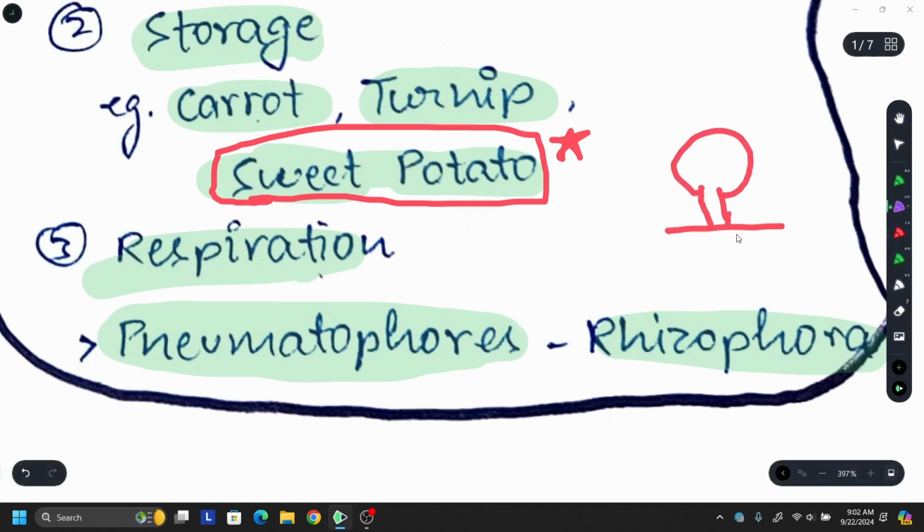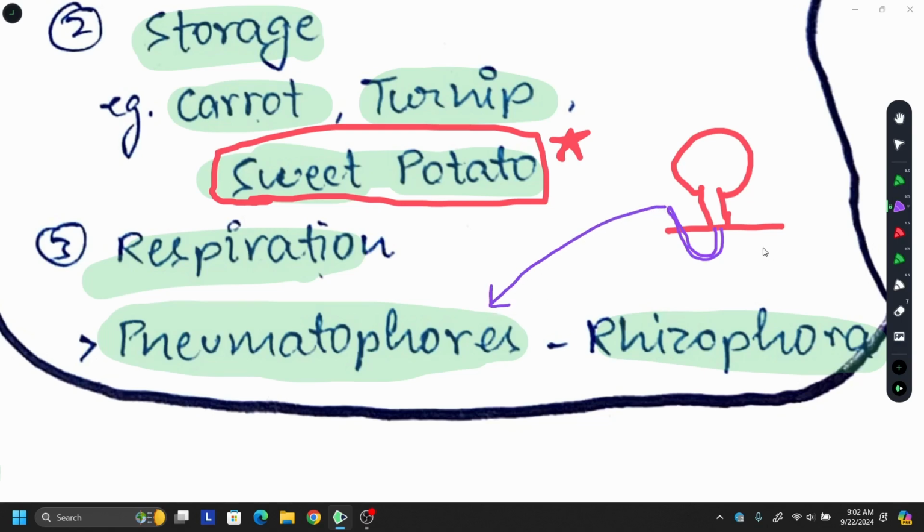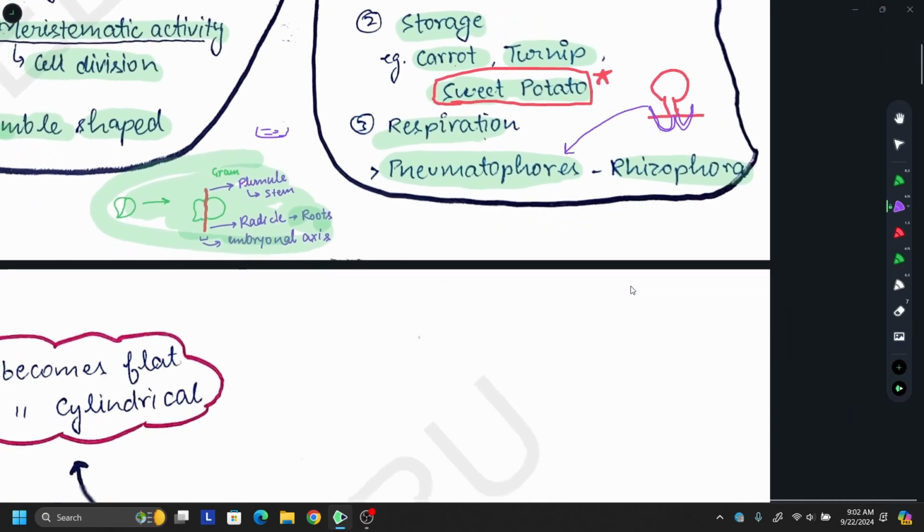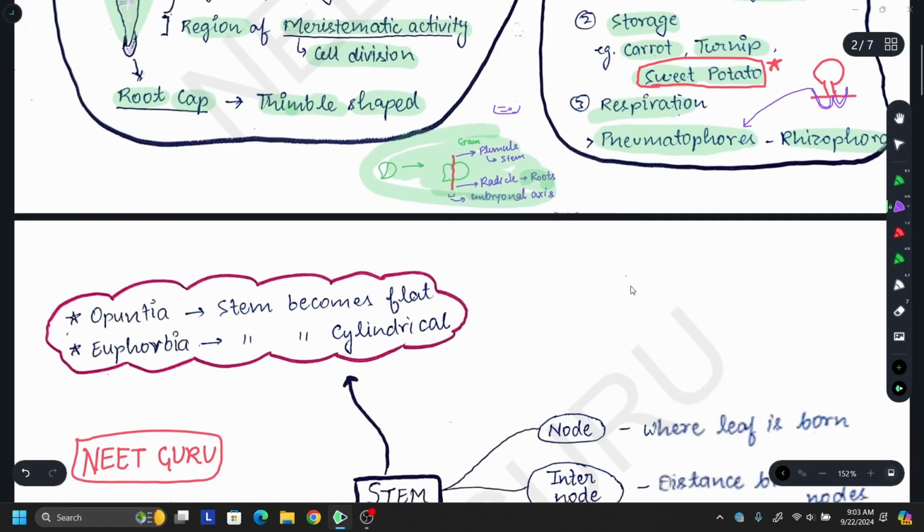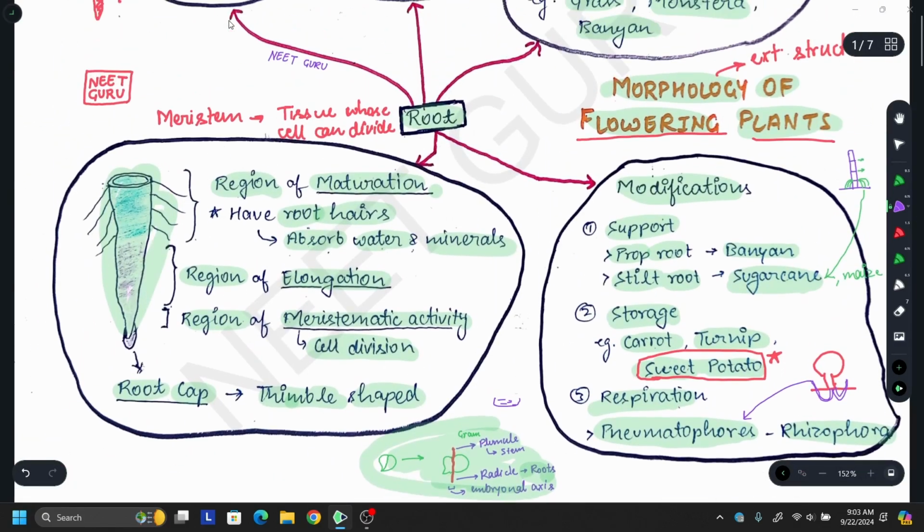The roots of rhizophora go under the ground and they come above like this. This is a root of rhizophora, and this is the root which we call pneumatophore. Since they come out of the ground and they do respiration, that's why we call them pneumatophores, and they respire for the plant. So these are different types of modification of the roots.